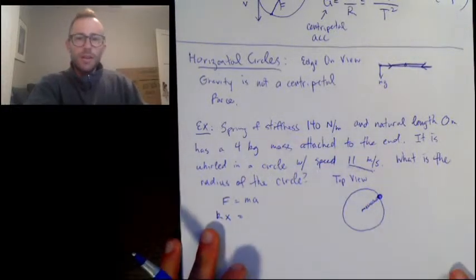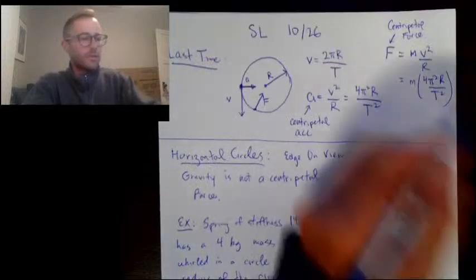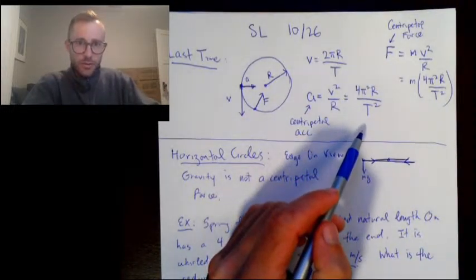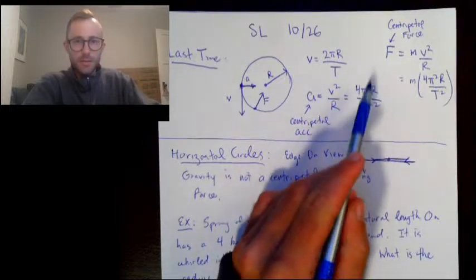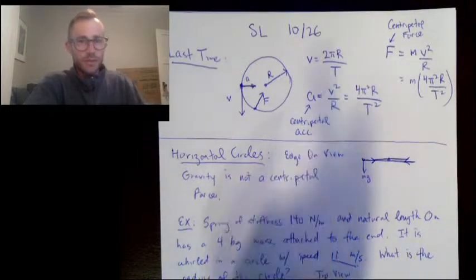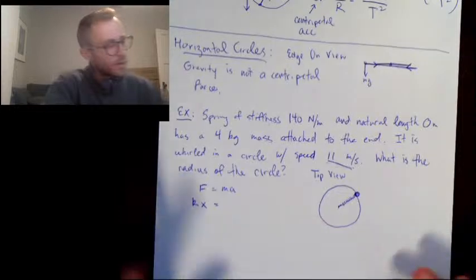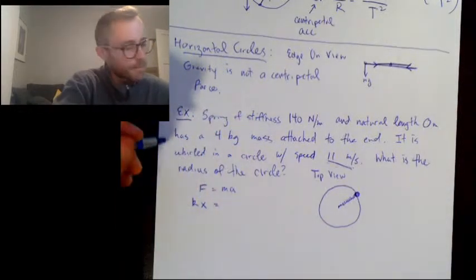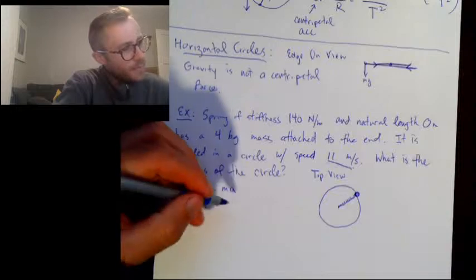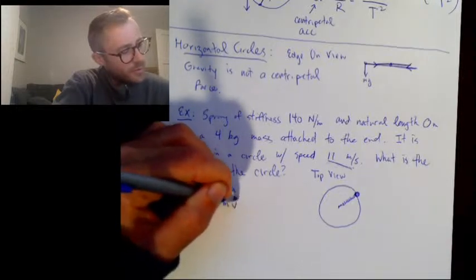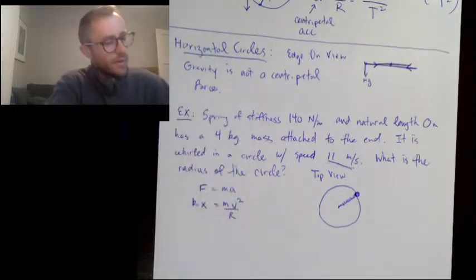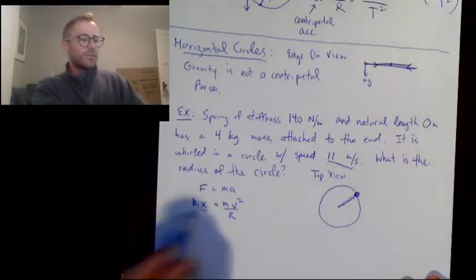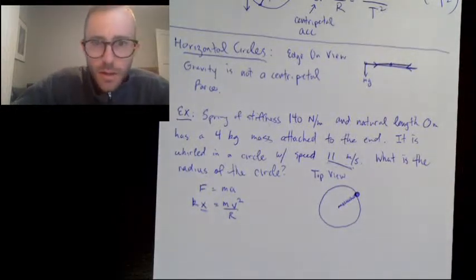Because I gave you the speed, we're not going to use the 4 pi squared r over T squared version of centripetal acceleration, because that doesn't have speed in it. This is the version that has speed in it, so we have mv squared over r. Now we have to be a little bit careful here. Remember, x represents the extension of the spring.